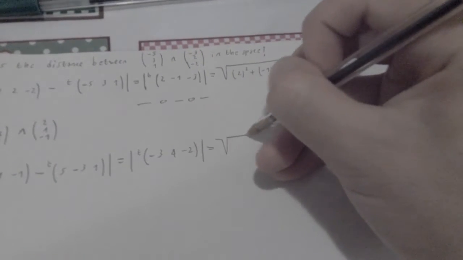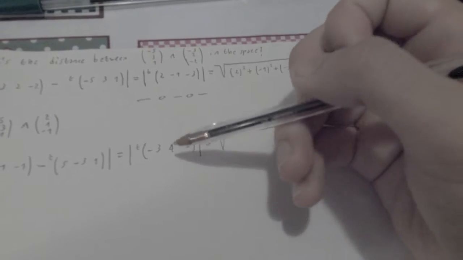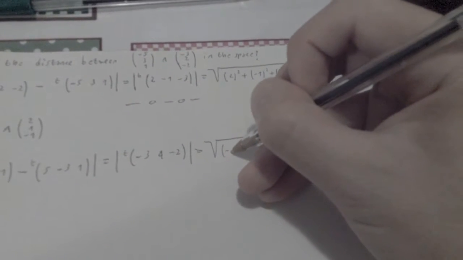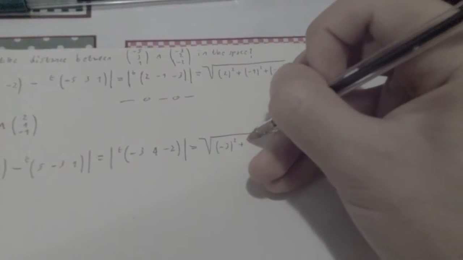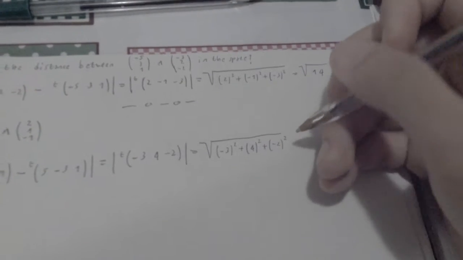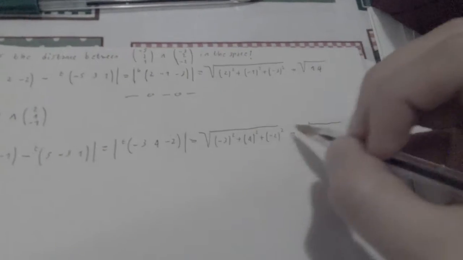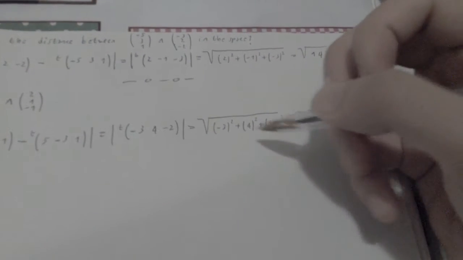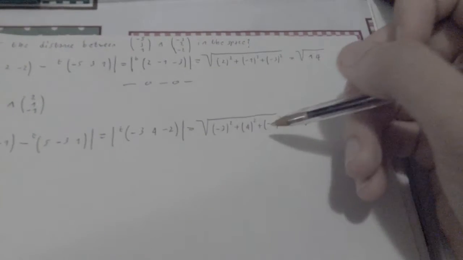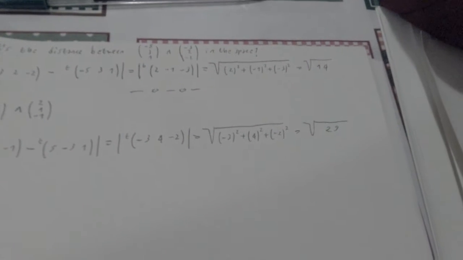Then we take the square root of the sum of all of them squared. So (-3) squared plus 4 squared plus (-2) squared, which is going to give us 9 plus 16 plus 4, the square root of 29.